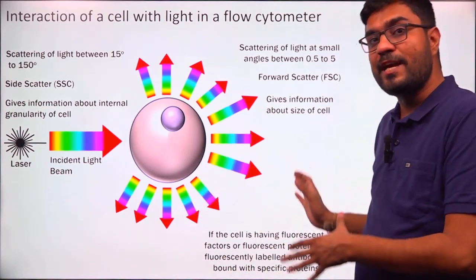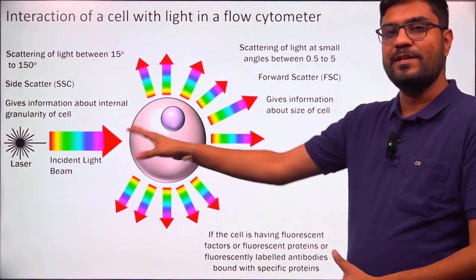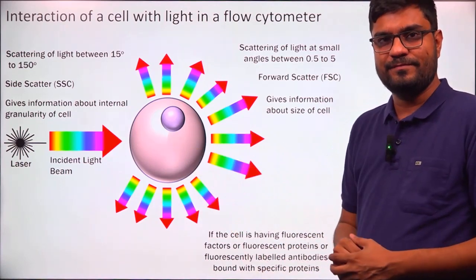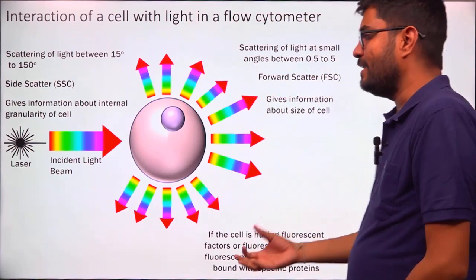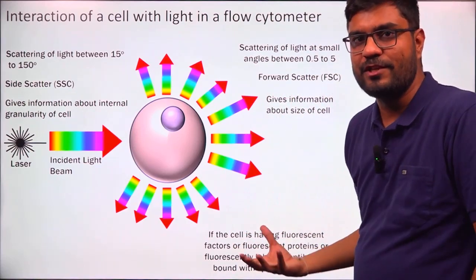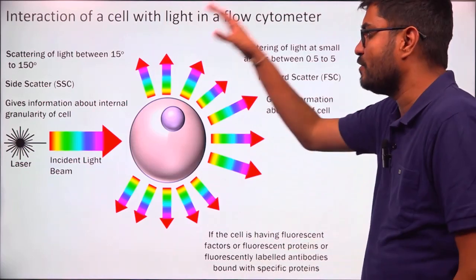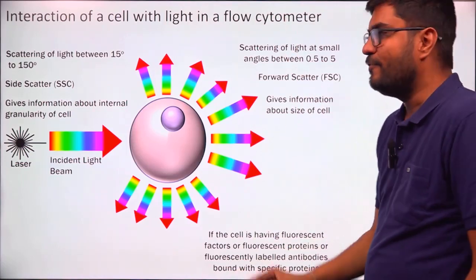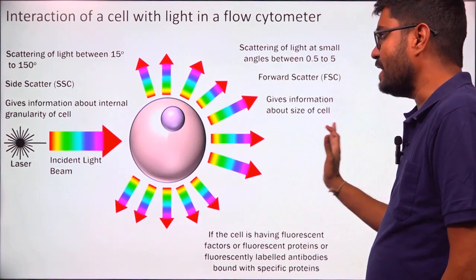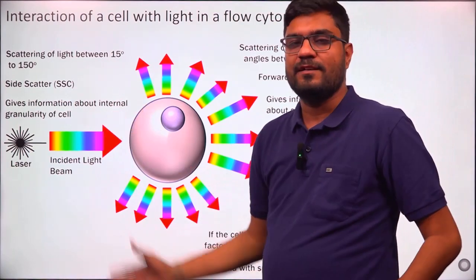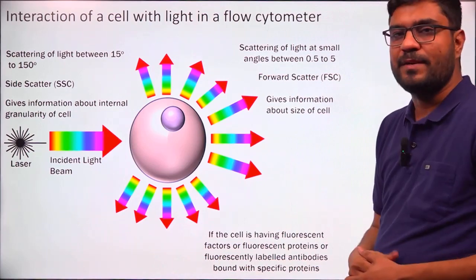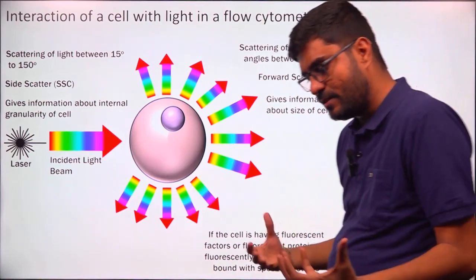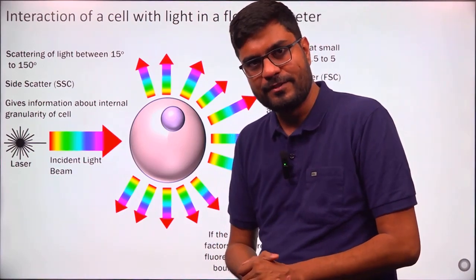So all these types of fluorescent molecules can absorb the light at a particular wavelength, and then emission of light will happen, and then ultimately we will get the detection or the information. So three types of information. First, forward scatter for size, side scatter for granularity, and finally presence or absence of a fluorescent molecule, right?